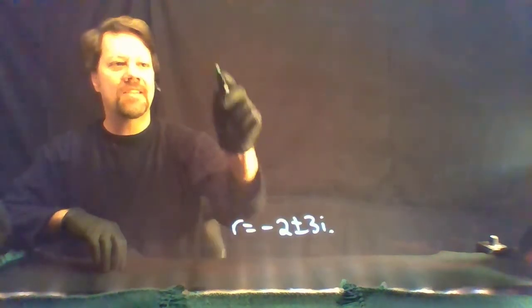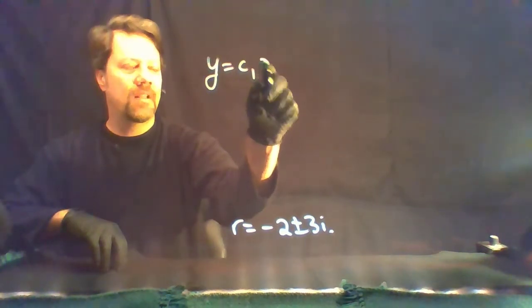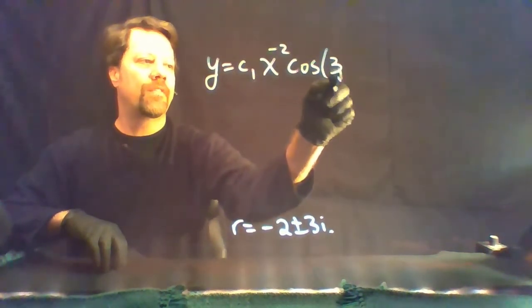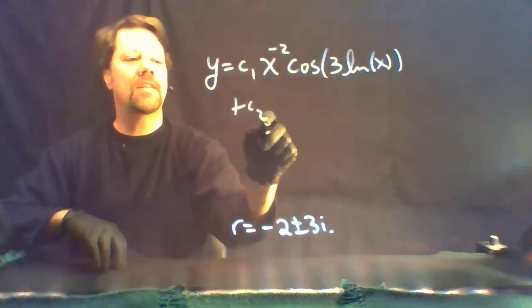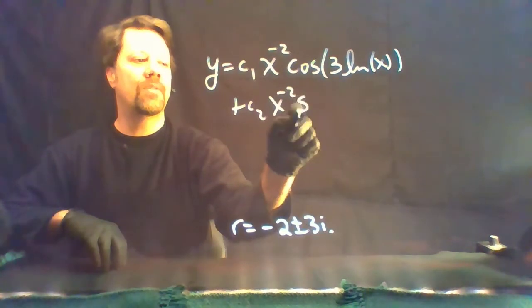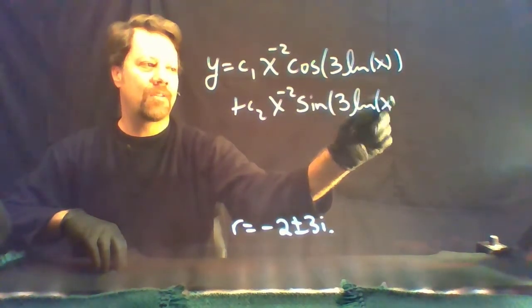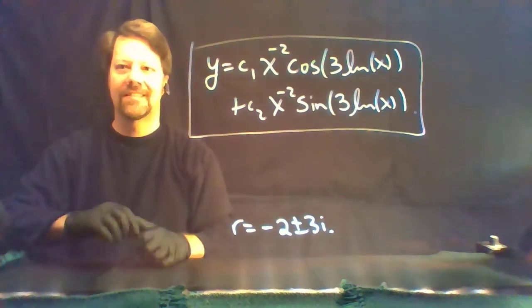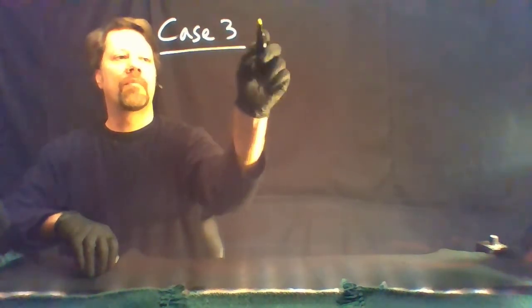The solution is then y equals c1 x to the minus 2 cosine of 3 times the natural log of x plus c2 x to the minus 2 sine of 3 natural log of x.